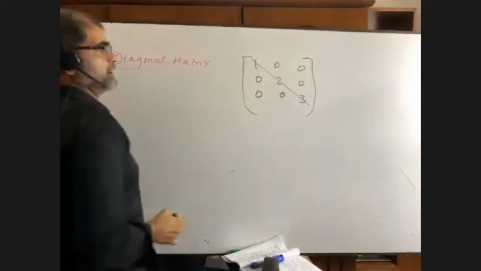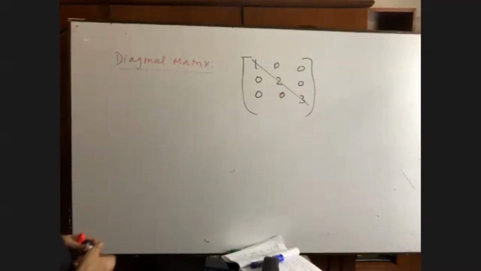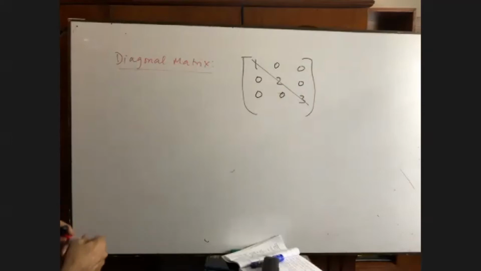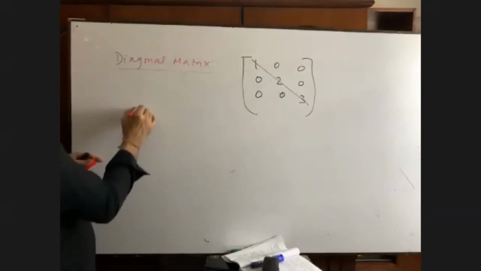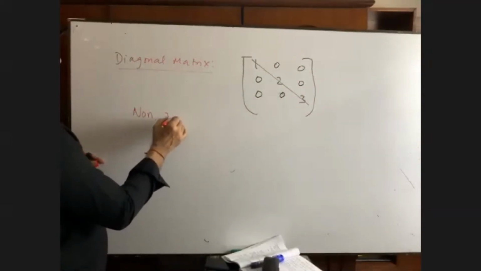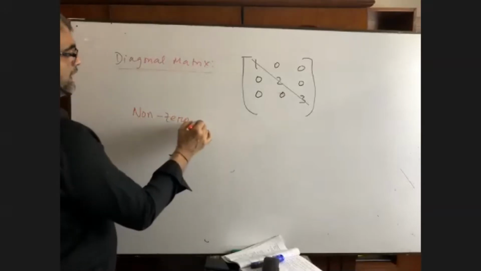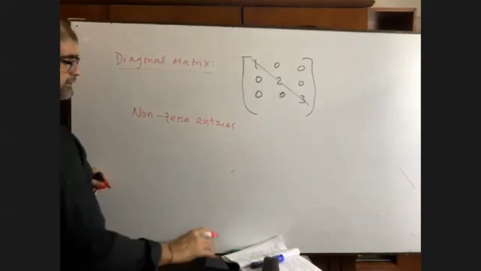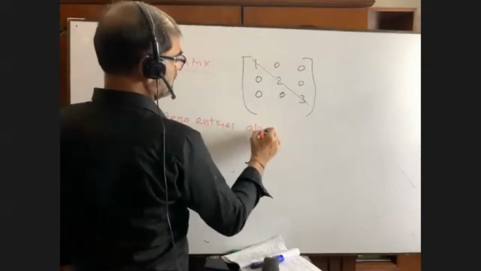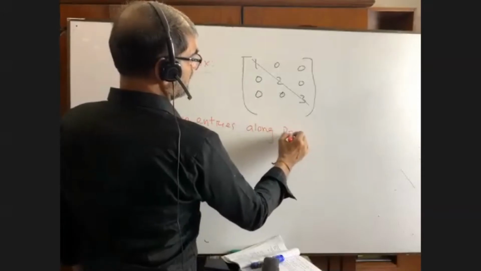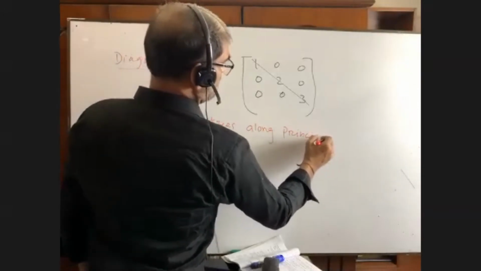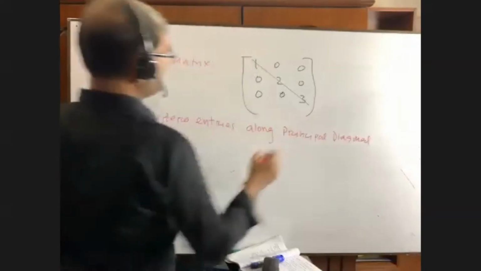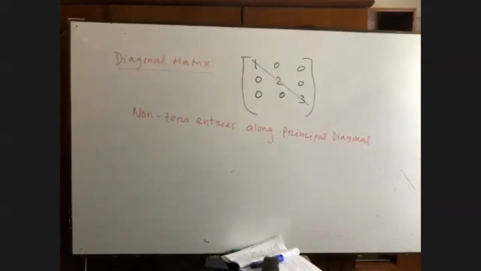Along the principal diagonal, all the entries will be non-zero. Write down: non-zero entries along principal diagonal.